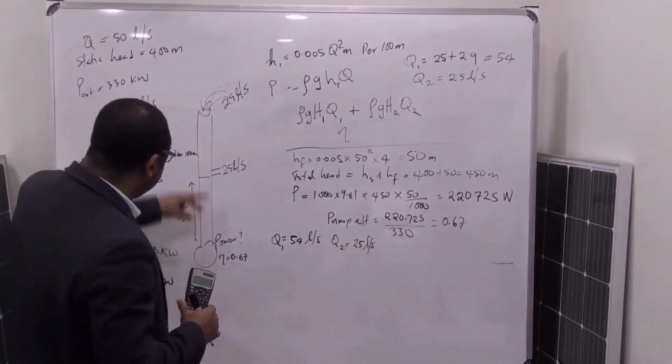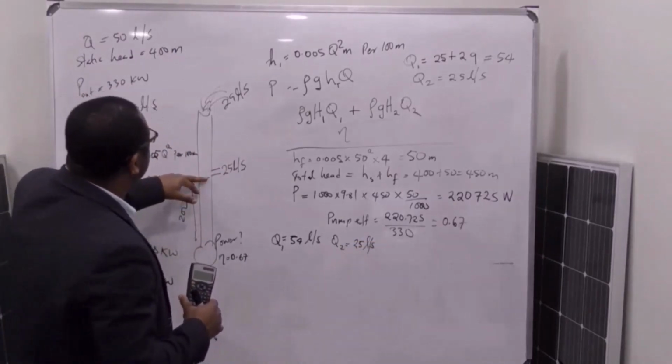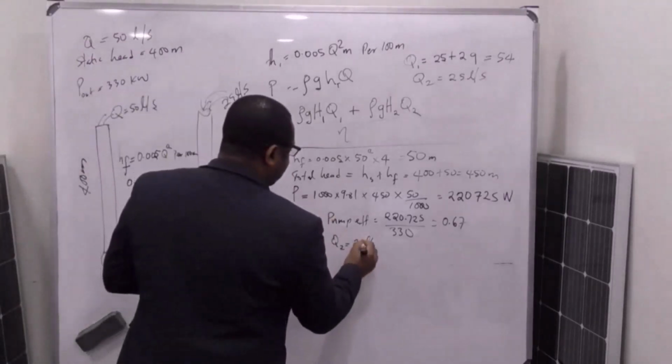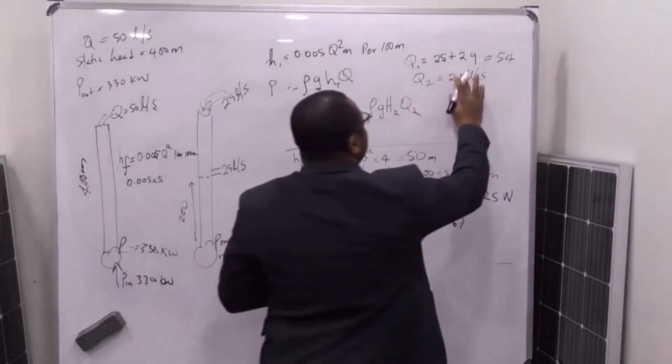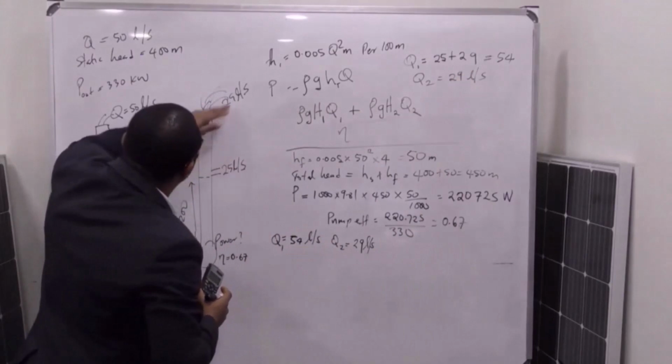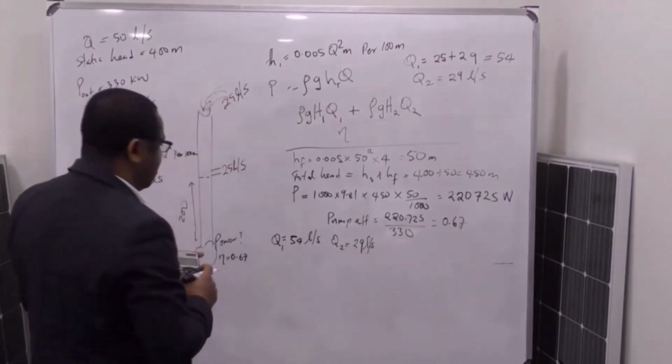Q1 is from here to here. Now Q2 is from here to there, 29. Just to pump the remaining 29 from here to there.